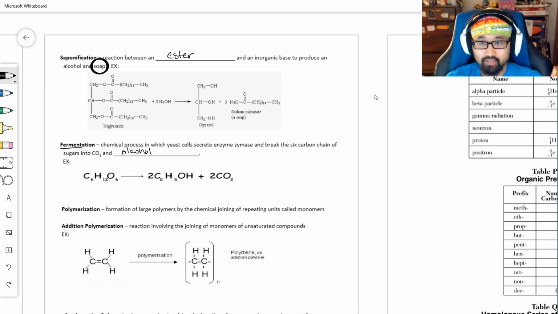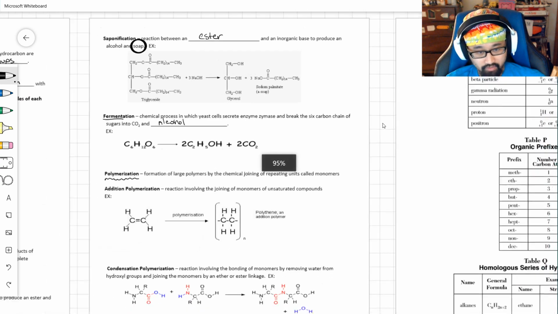This is how we produce alcohol. You ferment. The last organic reaction that we have here is polymerization. And polymerization just means to take lots of small pieces called monomers and connect them to each other to make a polymer. Poly, like more than one. So monomers join together to make polymers.